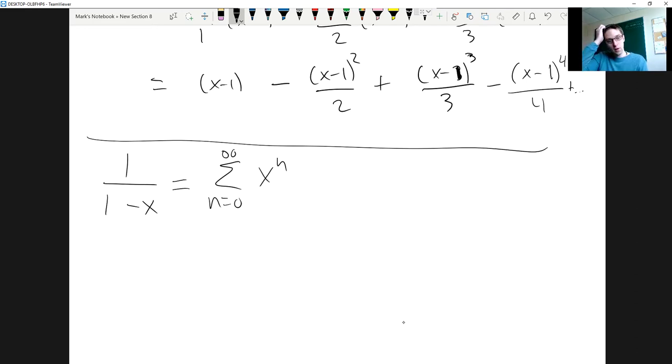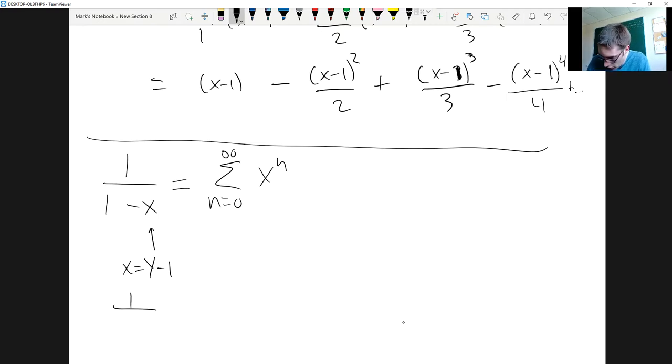All right, well, let's plug in. Let's replace x with, how about x minus 1? Let's plug that in for x. Or if you want to call it y minus 1, we can do that, and we'll just rename it later on. So let's say x equals y minus 1.